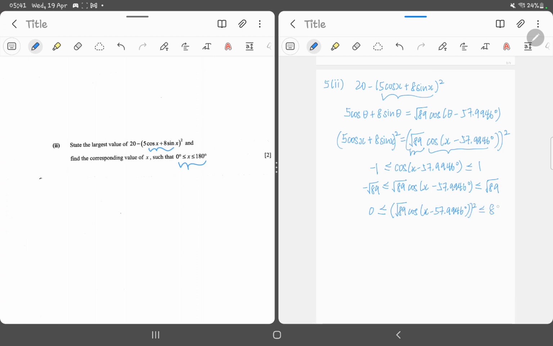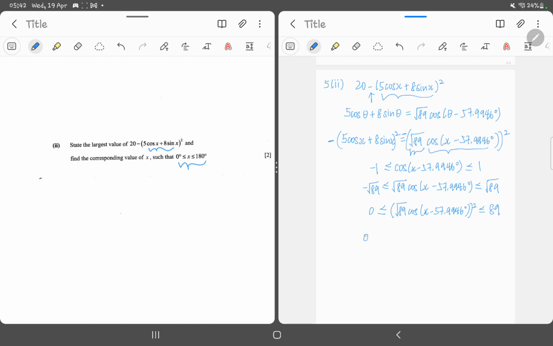So square root 89 whole thing square is 89, and we put a minus. Then on the right hand side we do the minus accordingly. So I'm going to multiply this inequality by -1 so that I can include the minus sign, and because I do that, I need to swap the inequality sign.